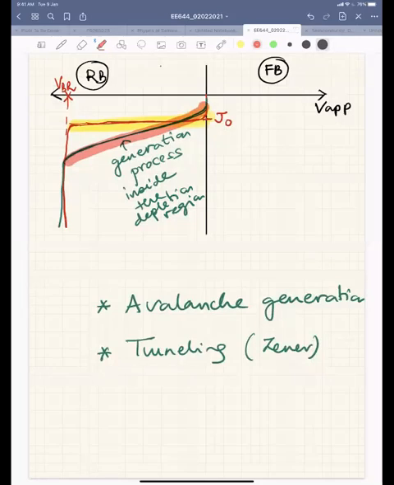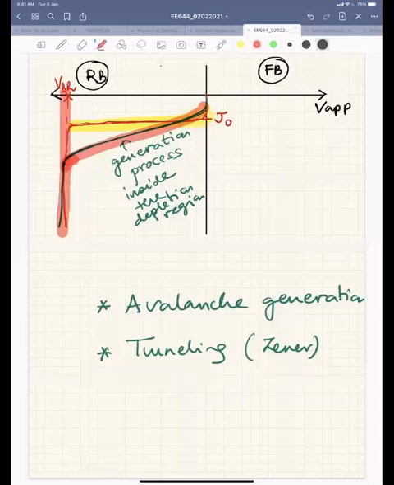For germanium, the slope is a little higher than silicon, and for gallium nitride the slope will be very low, because you cannot generate electron hole pairs that easily. At some point there is very high impact ionization, because your M factor becomes infinite, so a very high current flows, and that point we call the breakdown voltage.